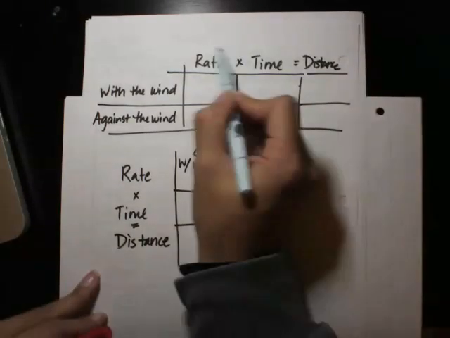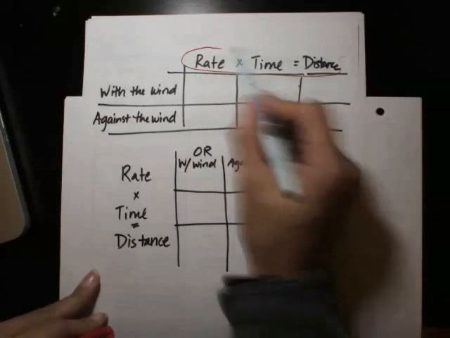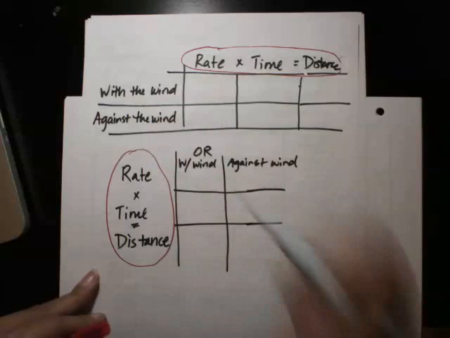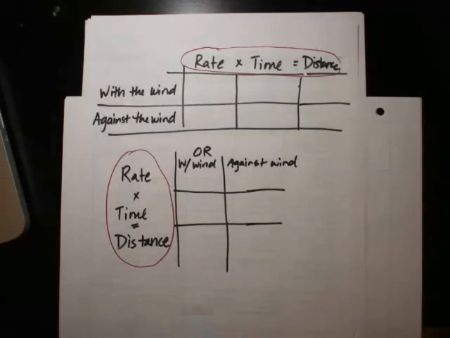Okay, so this is the same setup no matter if you prefer the horizontal or the vertical setup. It's the same equation, rate times time equals distance. And you're looking at 2 scenarios, with the wind or against the wind. So I'm going to read and we're going to go through and fill in the chart, and we'll fill in both charts so you can see the differences or the similarities.